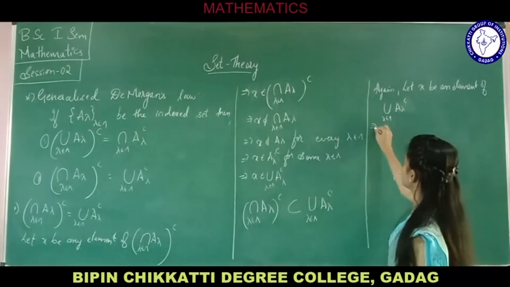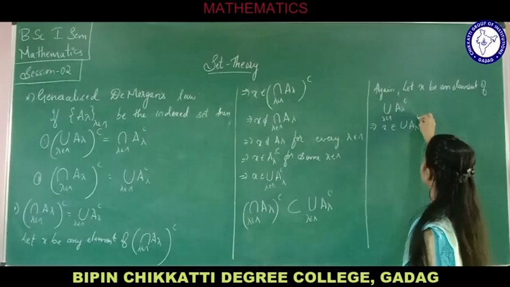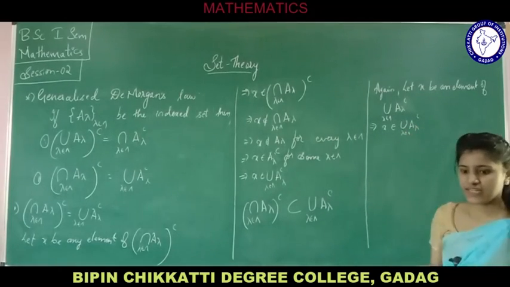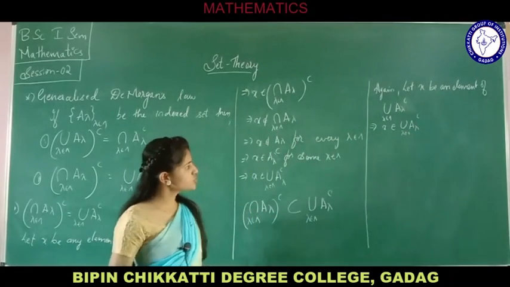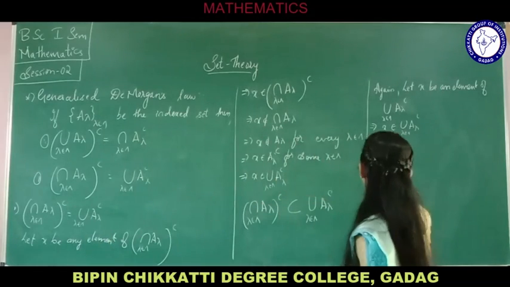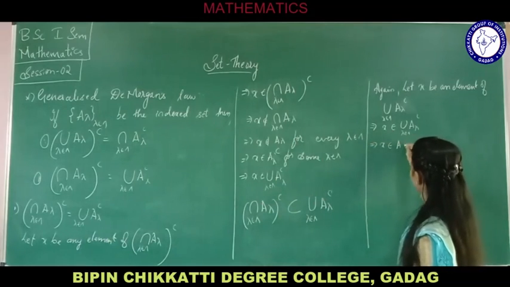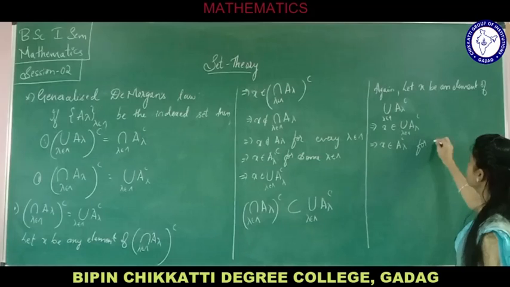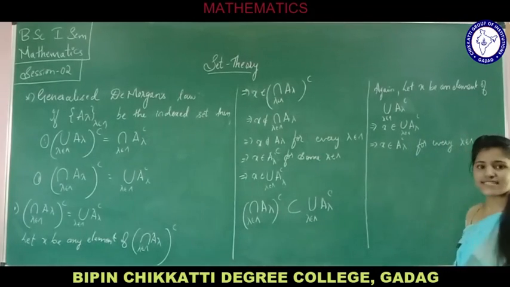It means it is written as x belongs to the union of A lambda complement, where lambda belongs to this indexed family. If it is so, it means that x belongs to A lambda complement for every lambda belongs to the indexed set.